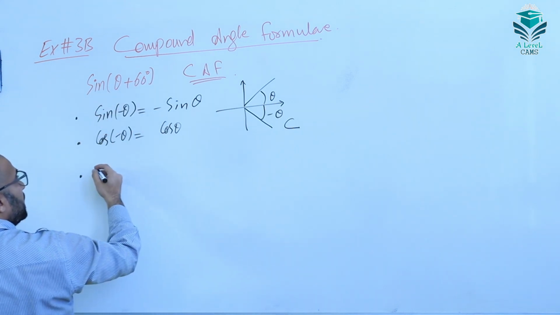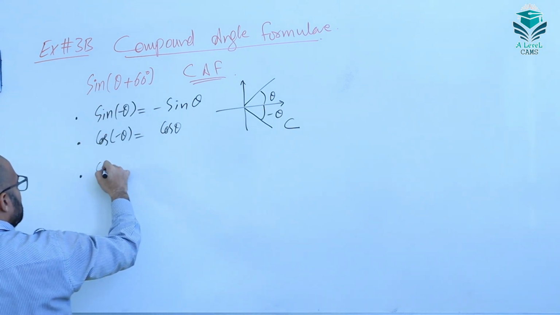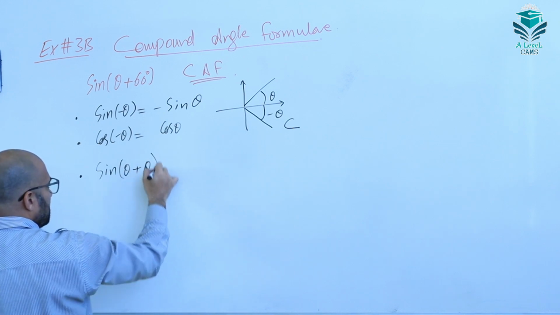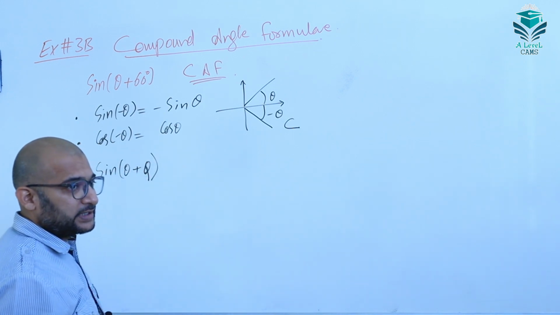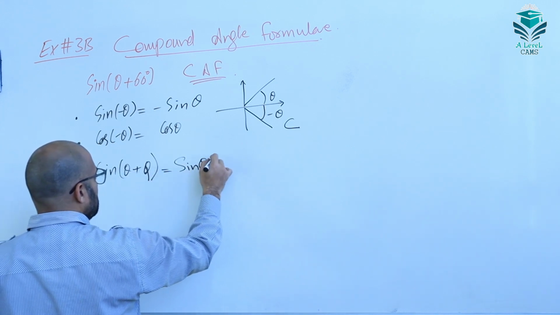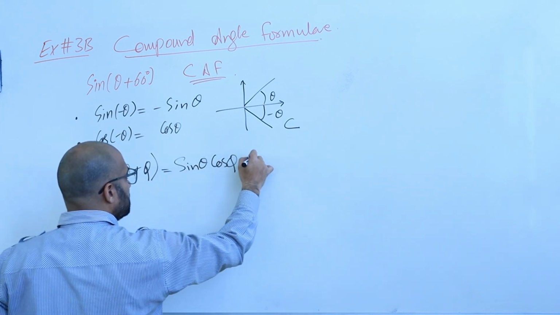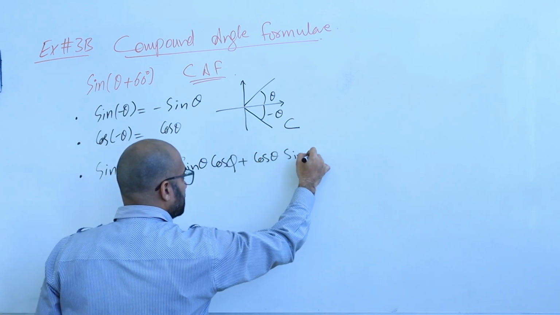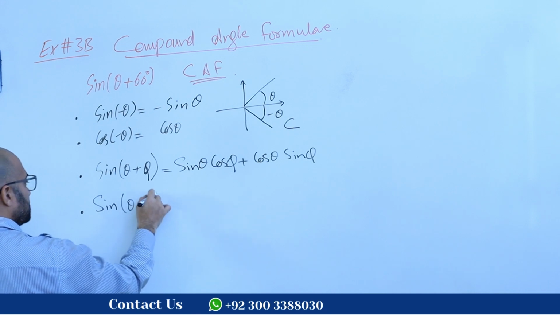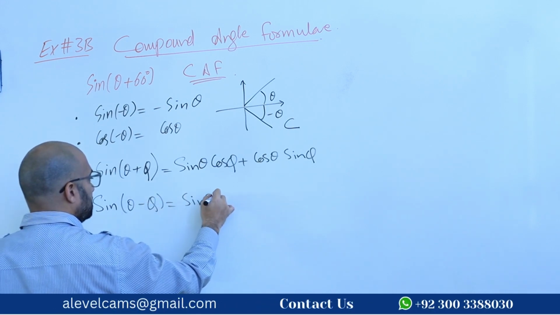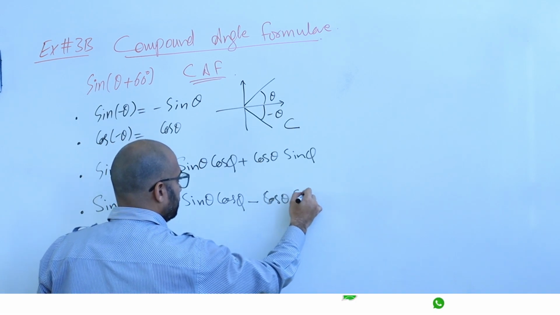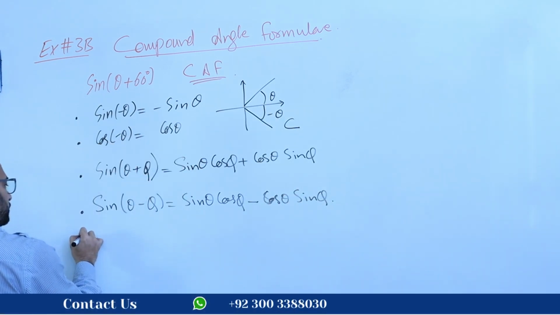And now the compound angle formulae. We can write sine of theta plus phi, where there are two angles, one angle is theta and another is phi. So you can write sine theta cos phi plus cos theta sine phi. Similarly, for theta minus phi, you can write sine theta cos phi minus cos theta sine phi.